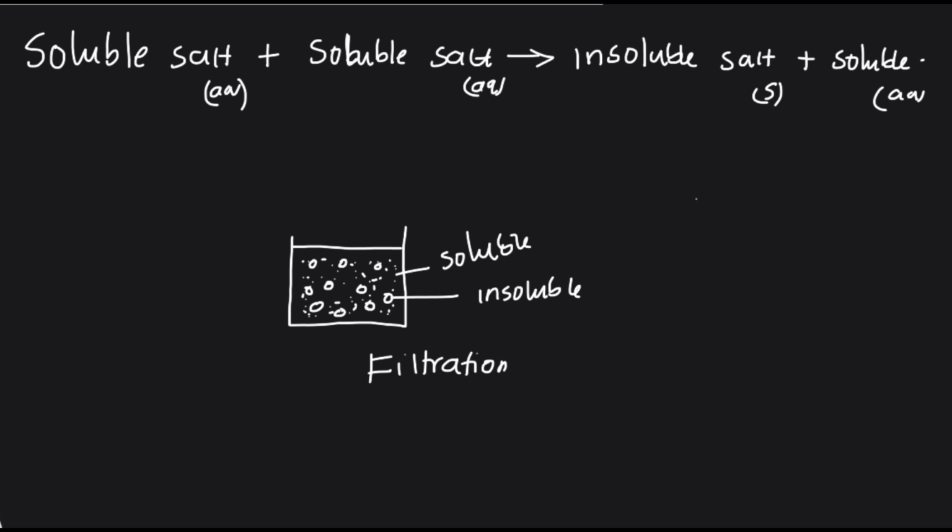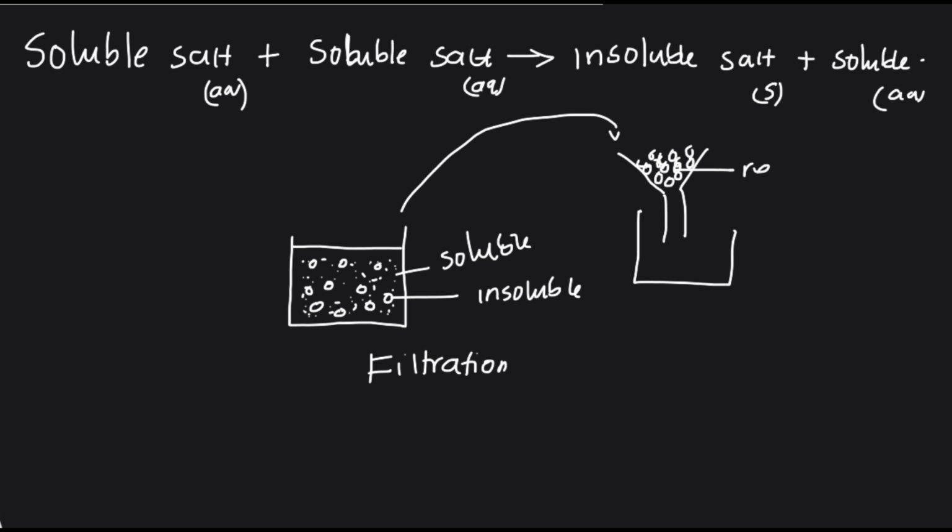Because if you pour this mixture here, we know that since the insoluble salt is in large particles, it will remain on the filter paper as the residue. Then the one that is dissolved, that is in liquid phase, will be collected in this beaker here.